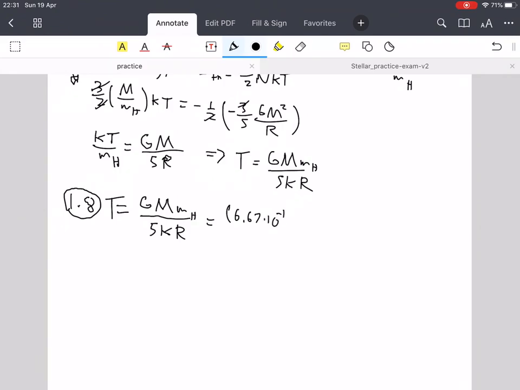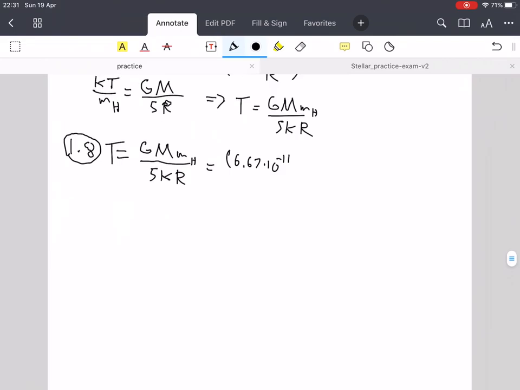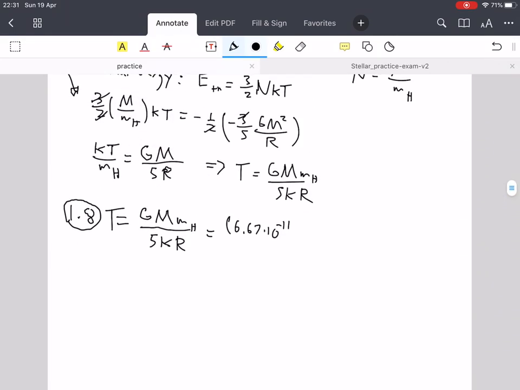And G is 6.67 times 10 to the minus 11. And this is in units of joules times meters, kilograms to the minus 2.